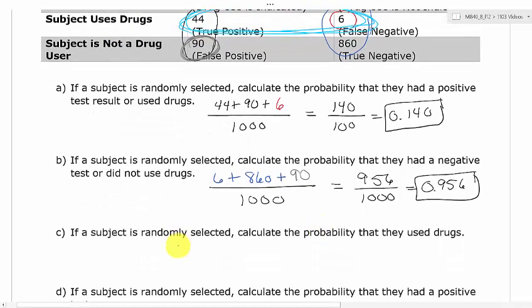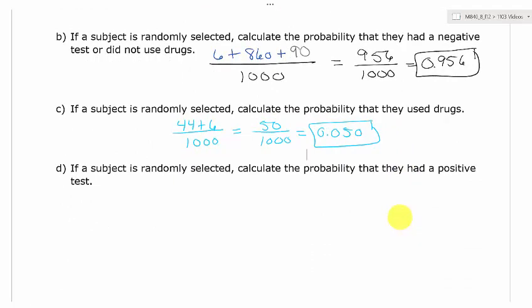So that is 44 plus 6, and then divide by 1,000. So 44 plus 6 is 50, and then divide by 1,000 gives us 0.050. And again, be careful of how many decimal places you're being asked to round to. If you're asked to round to 3 decimal places, you need to make sure that you tack that 0 onto the end.